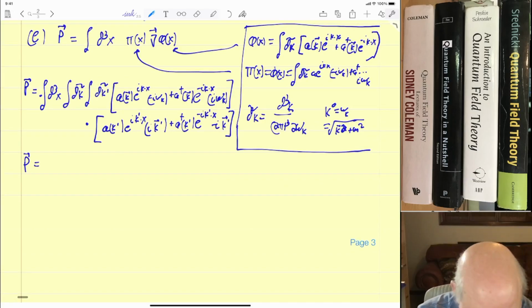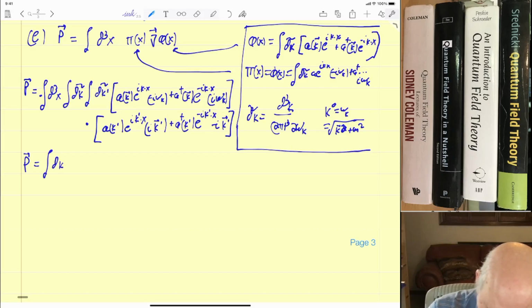Now I'm going to do the x integral in our heads. We're going to have 4 terms, and there's always going to be a delta function here. It's either delta of k plus k prime or delta of k minus k prime. And we have this minus sign, and this minus sign is going to change on these. So you can check that I'm going to do this right.